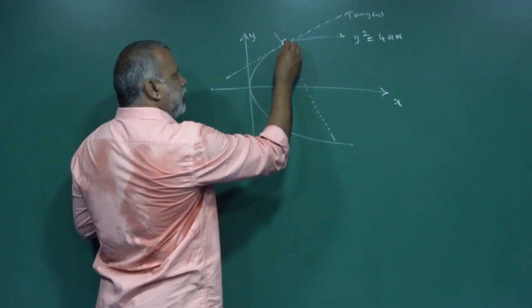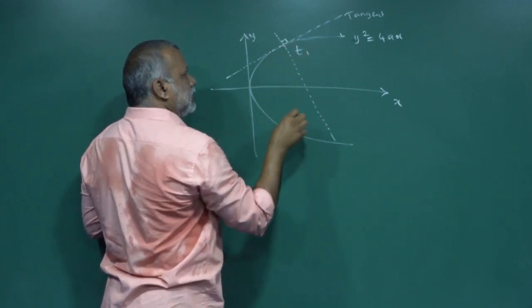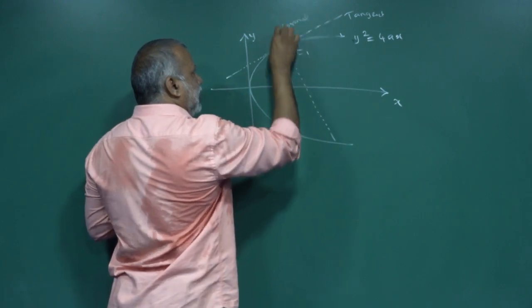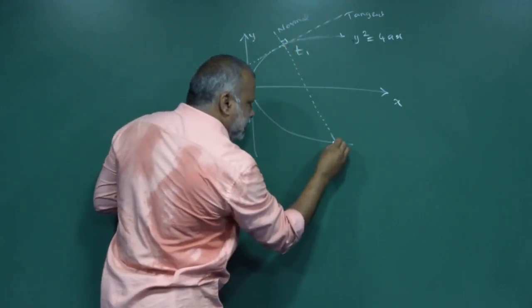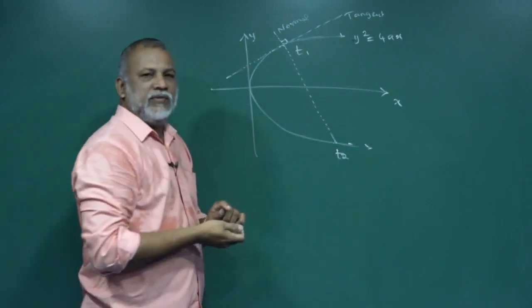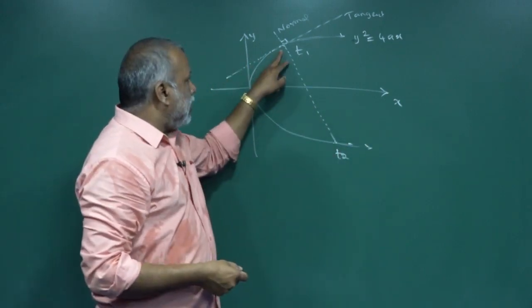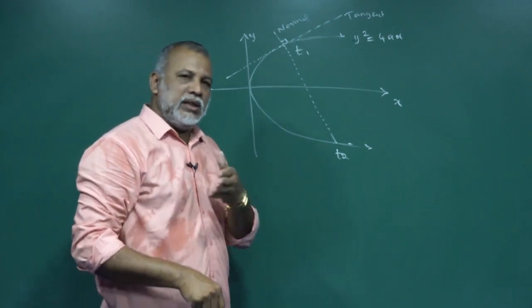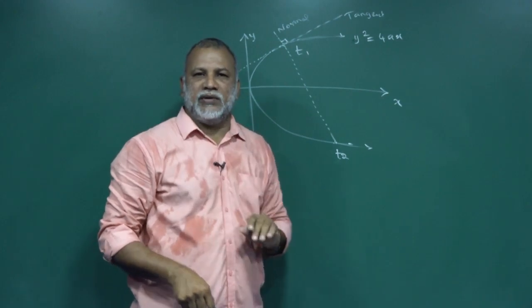Now we select the point of contact as t1. This normal at t1 again meets the parabola at t2. So this is the given statement, and we are going to prove the given condition.